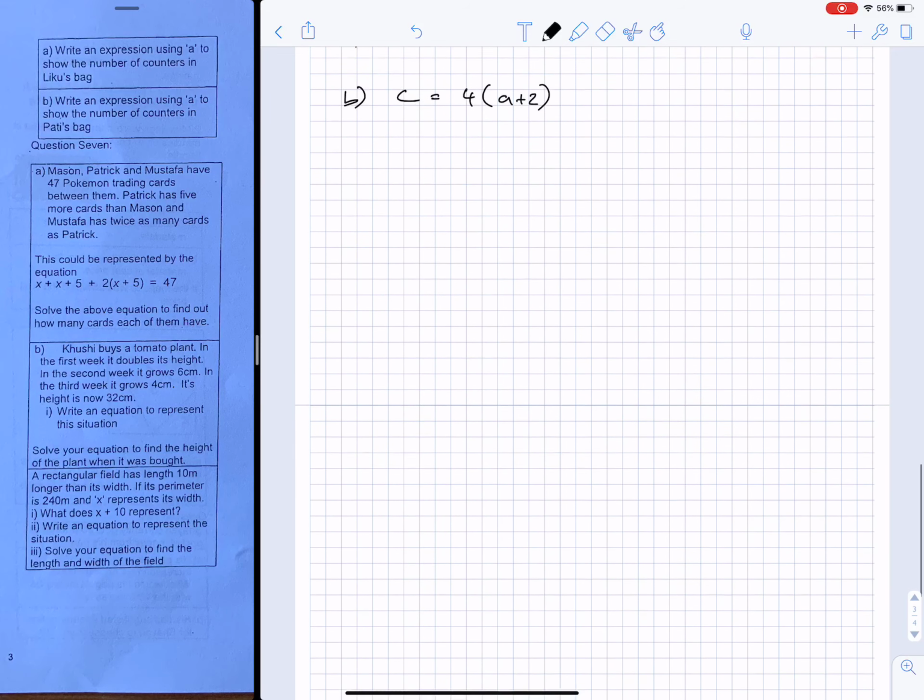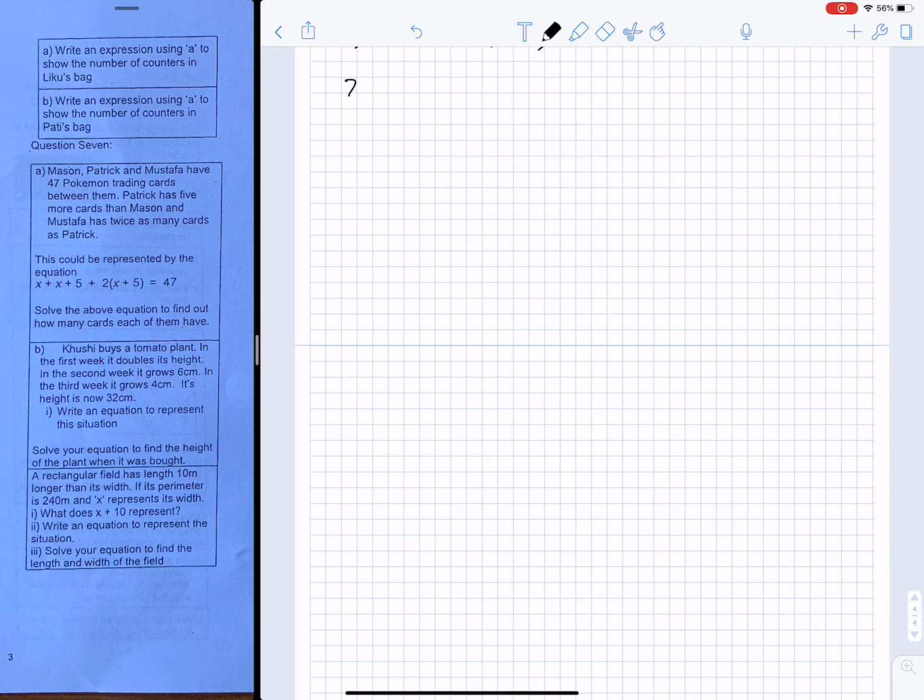Question 7. Mason, Patrick, and Mustafa have 47 Pokemon trading cards between them. Patrick has 5 more cards than Mason, right?